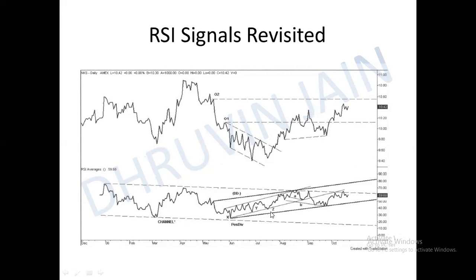RSI should have broken from this point or from this point, but it didn't, and it continued traveling inside the ascending channel, and a TD plus occurred at this point. A descending channel can even be seen at this point, and a range shift also occurred.